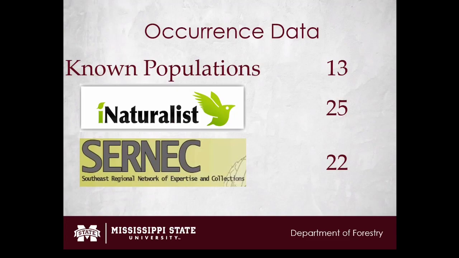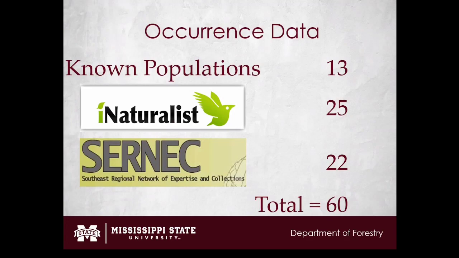I think a lot of people are familiar with those pictures of the American Museum of Natural History, where they have all those beautiful pictures of butterflies, or fish in jars. Same thing, only this is for plants, and a lot of times it has very good data that we can use, for example, like these occurrences that I use in my modeling. So that gave me a total of 60 occurrences to use in this model.